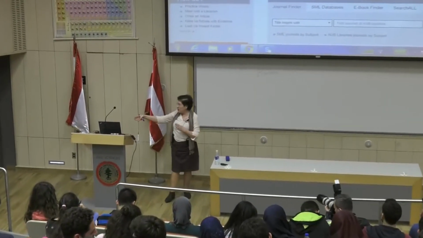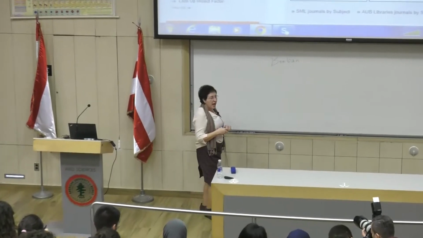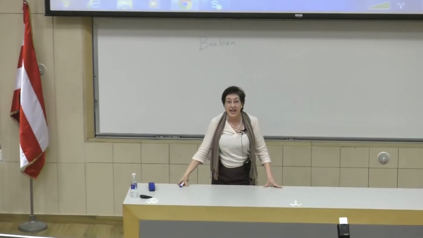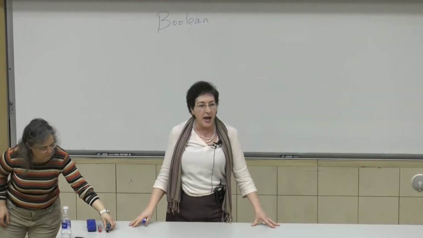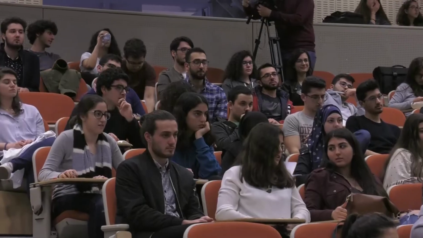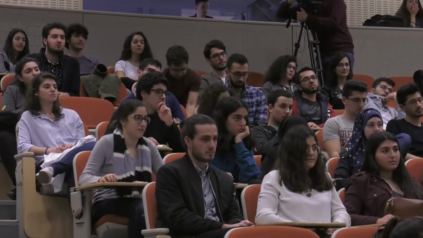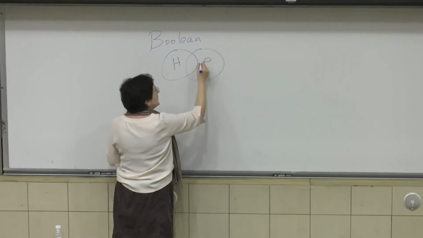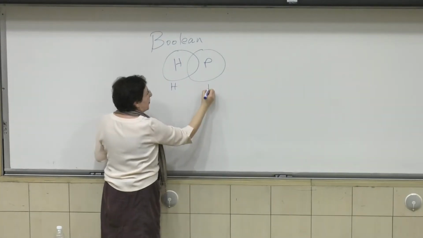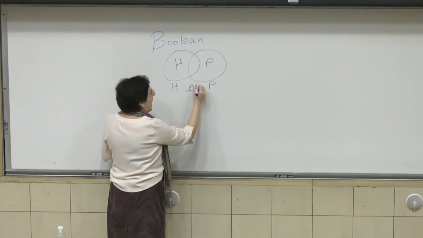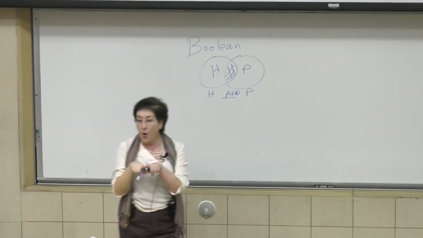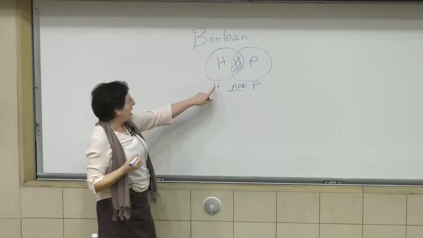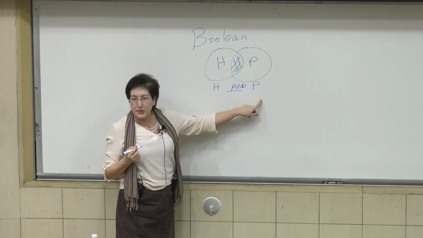For example, if I'm looking for anything about hypertension in pregnancy, I don't usually type in hypertension in pregnancy. I should search for hypertension alone, pregnancy alone, and then use AND to retrieve the shaded part that contains both hypertension and pregnancy. This is what I want.